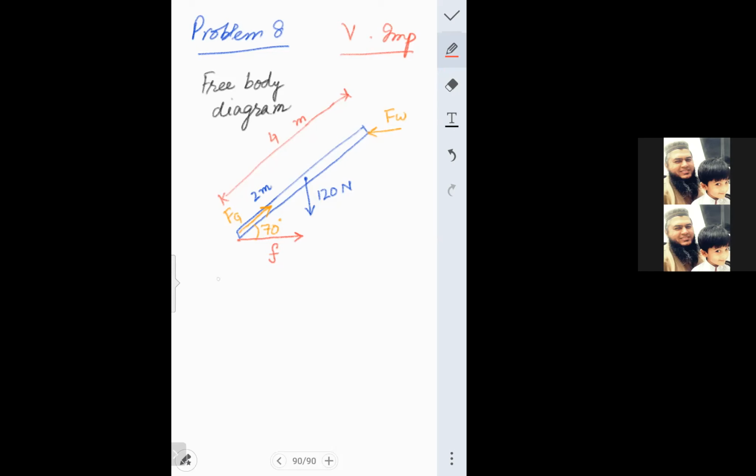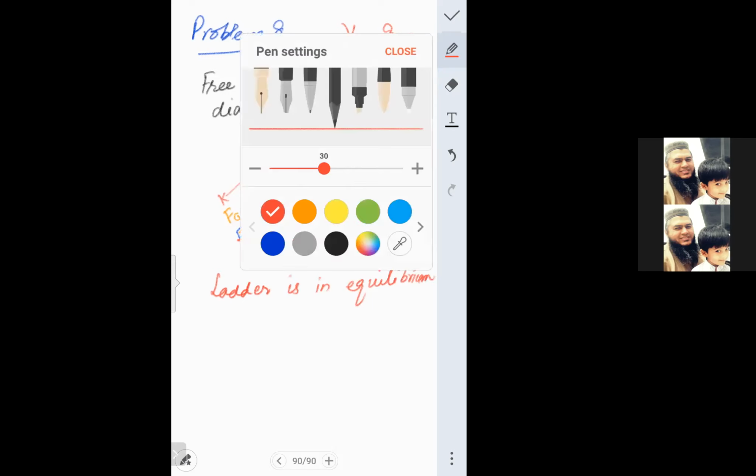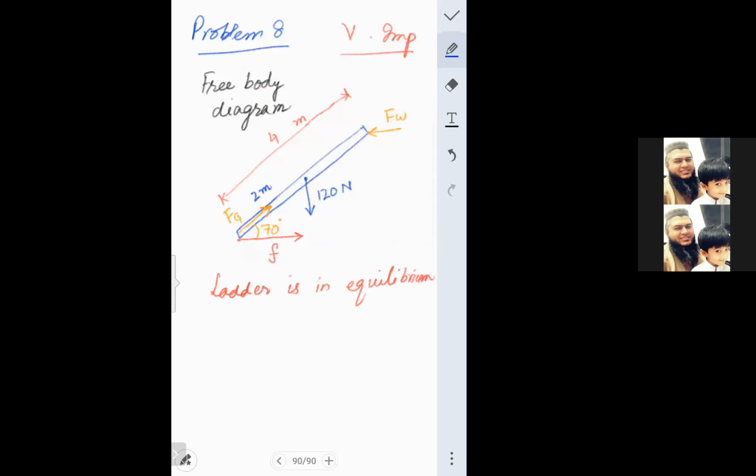Since the ladder is in equilibrium, we can apply all the conditions of equilibrium on this ladder.